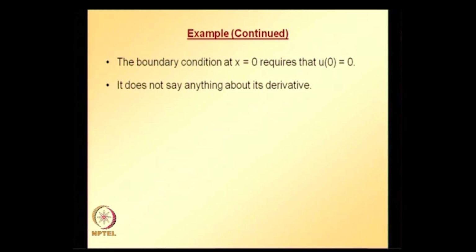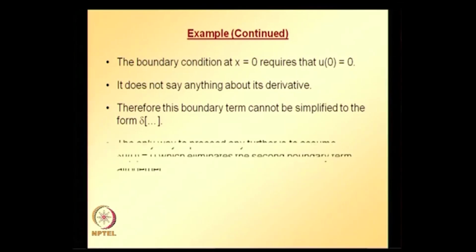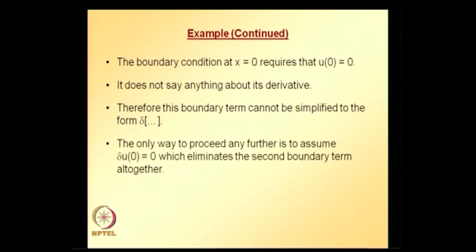But the problem does not say anything about its derivative, and therefore this boundary term cannot be simplified to the form variation of some quantity inside. So the only way to proceed further is to assume a variation of u evaluated at x is equal to 0 is 0, which eliminates the second boundary term altogether, and we will see what is the implication of this.